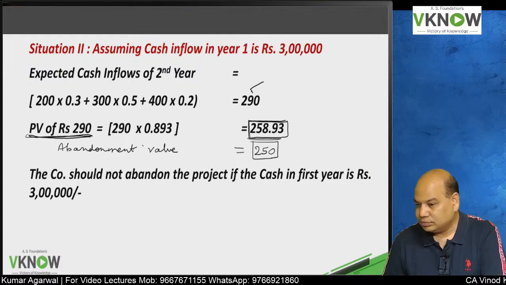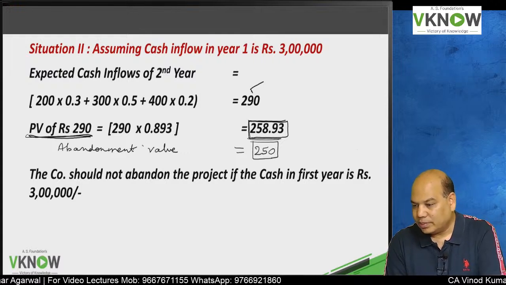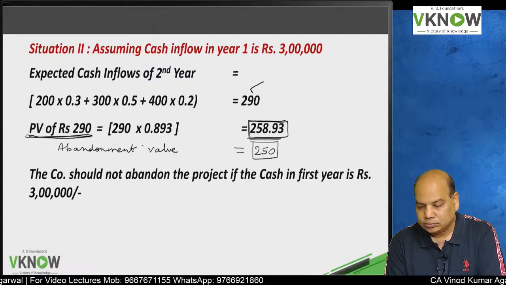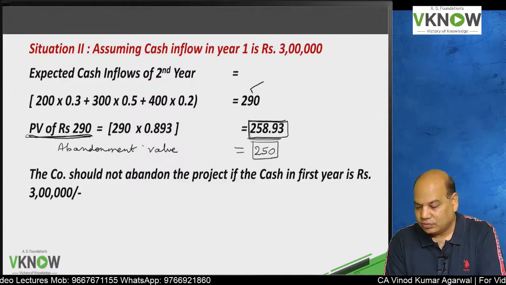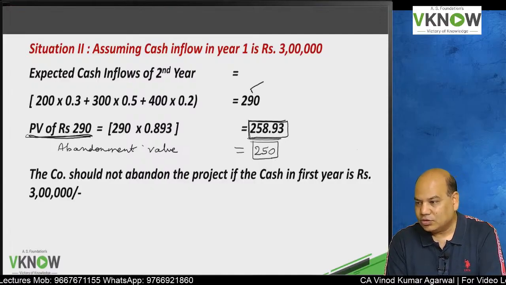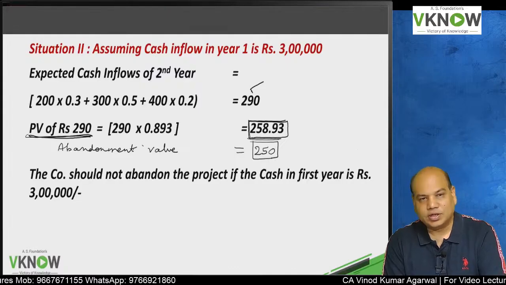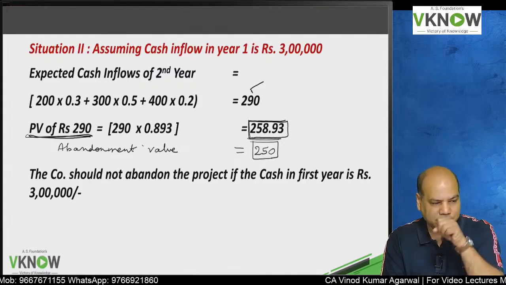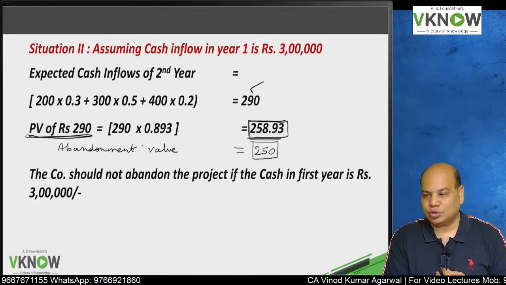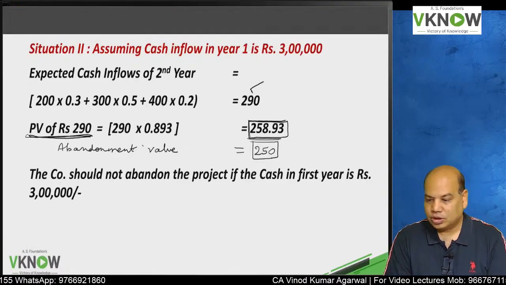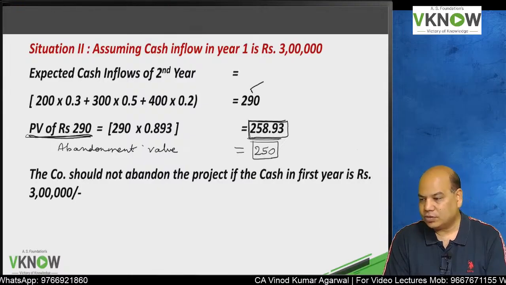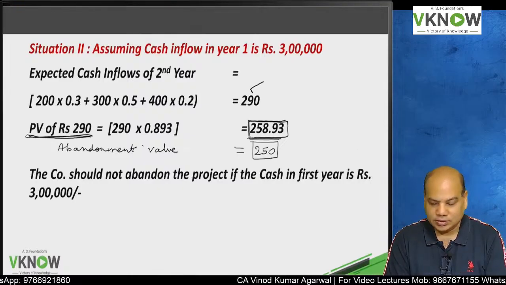So write down, the company should not abandon the project if the cash inflow in first year is rupees 3 lakh. So if it is 3 lakh, we will continue, because expected value is more.